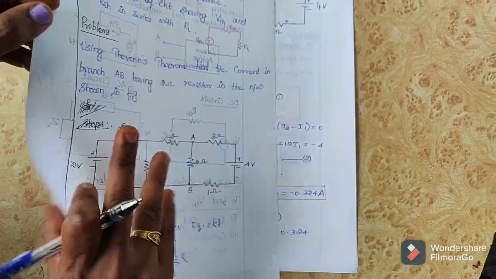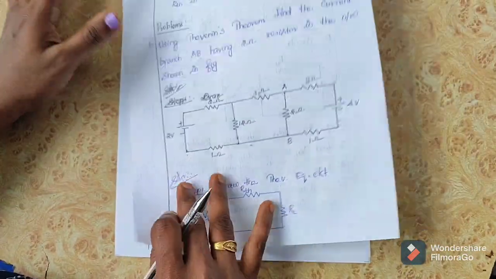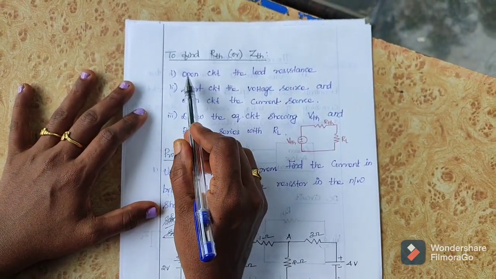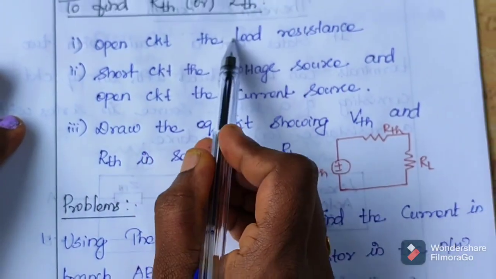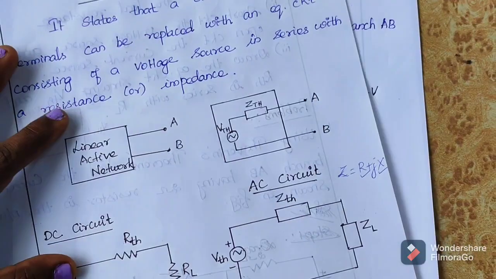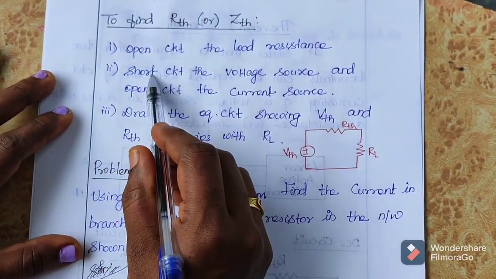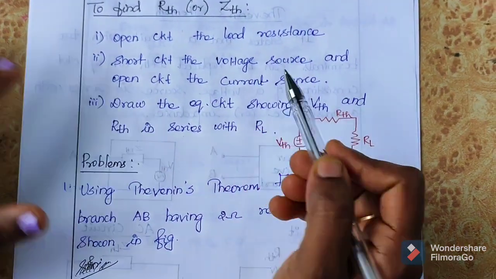Then what is the next step? To find RTH or ZTH, the first step is to open circuit the load resistance. You have already identified the load resistance, now open circuit it. Then the circuit may have a voltage source as well as a current source.